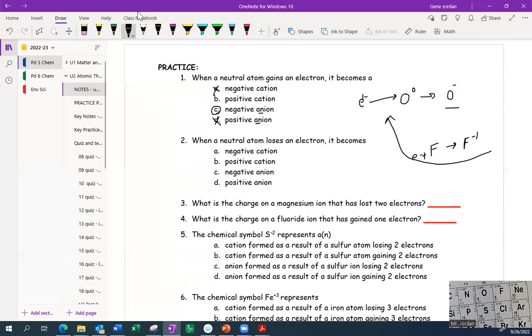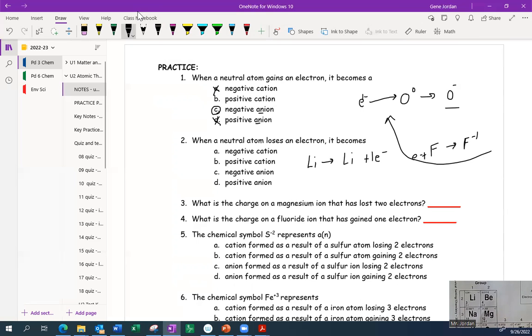Let's take a look at lithium. Lithium is fine normally, but it's happy losing an electron. And I'll show you why, because if you look over here, it has a +1 charge.